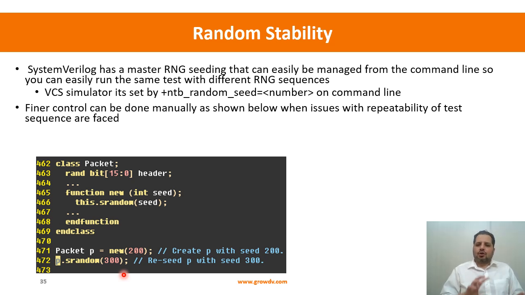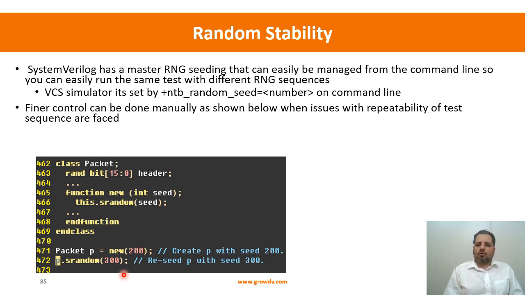So this way you can modify the seed state within the test bench at different points. If you think that you can manually control the seeding better, that is possible, and achieve a higher level of random stability. There are some DVCon papers on random stability that you can read if you are interested, to understand further how to do fine-grain control of the seeding within the test benches.